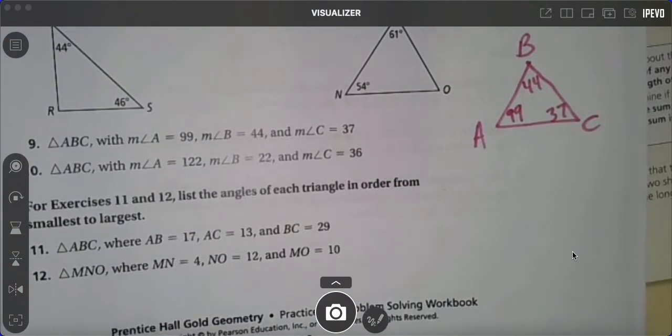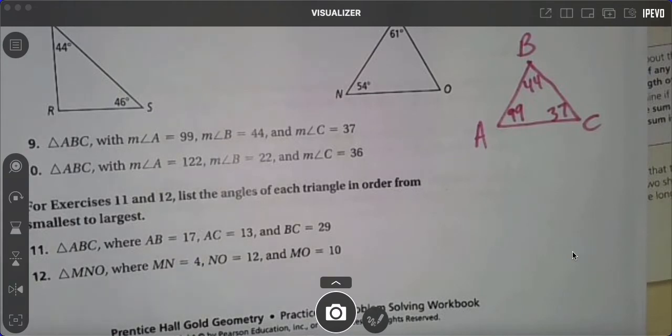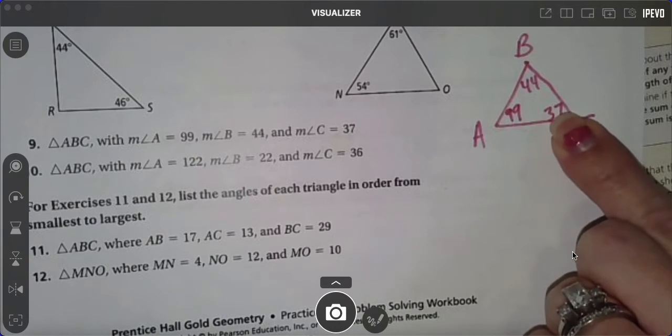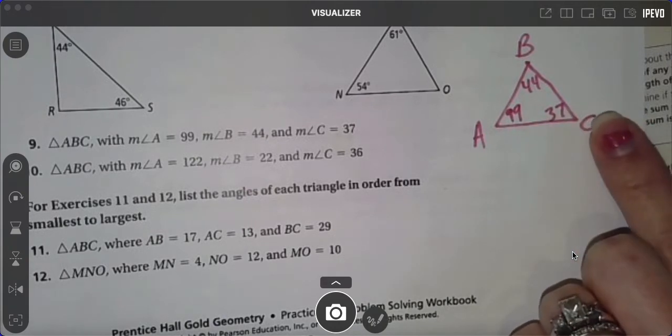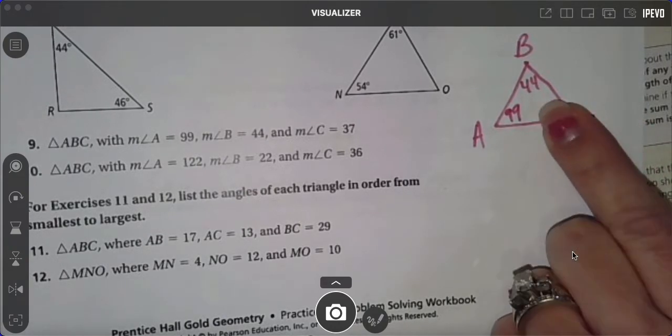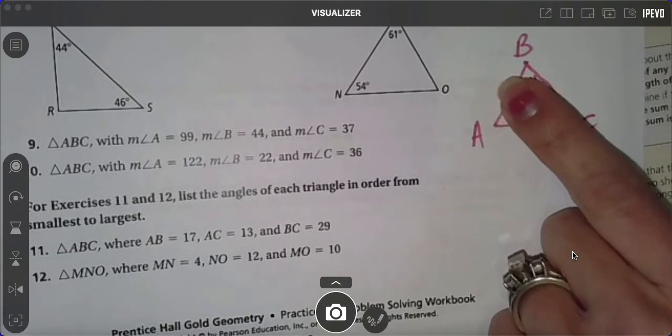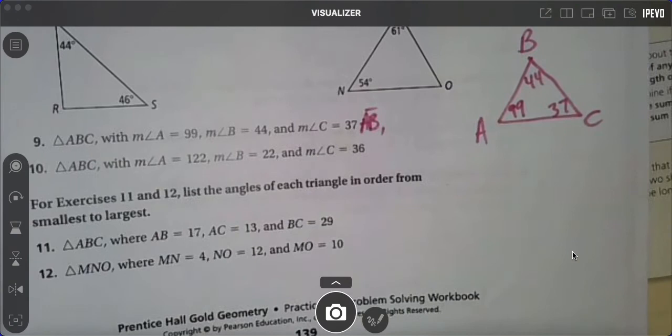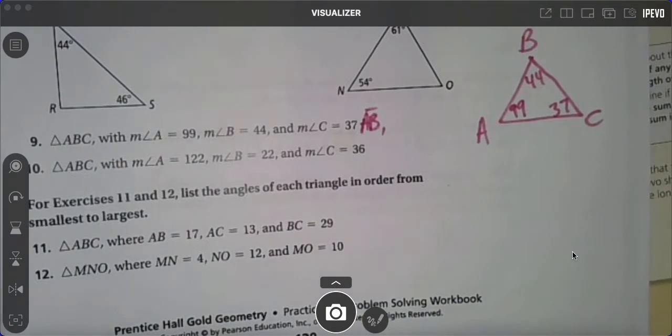Now, on number 9, they want this shortest to longest. Which one's the shortest? The 37, right? 37 is across from what? What does it point to? AB. So I would put AB. Oh, I drew my picture. But even if you drew your picture different, it should still be across from AB.